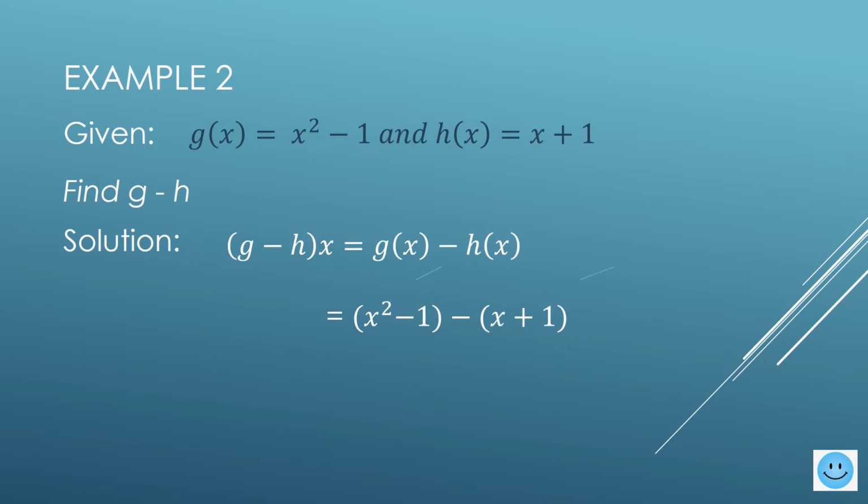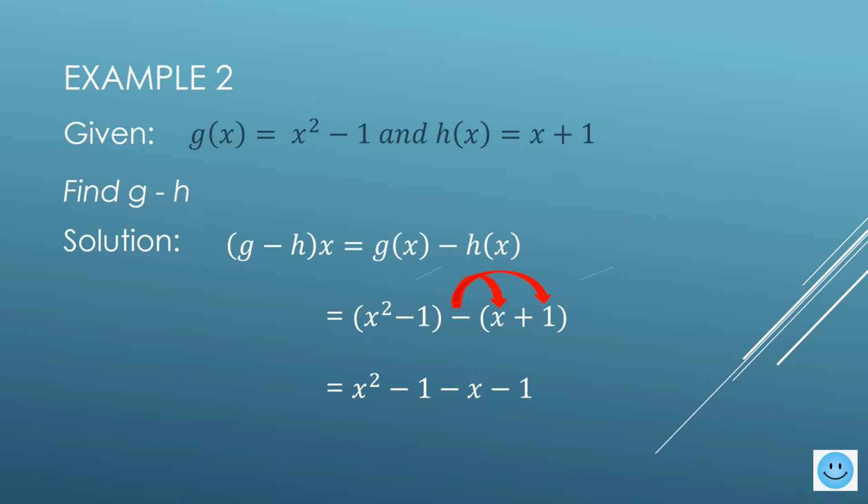Okay, before we combine like terms, we will distribute the minus sign here to x and positive 1. So let's copy first x squared minus 1 and then distribute the negative sign to x and 1. So negative times positive x.